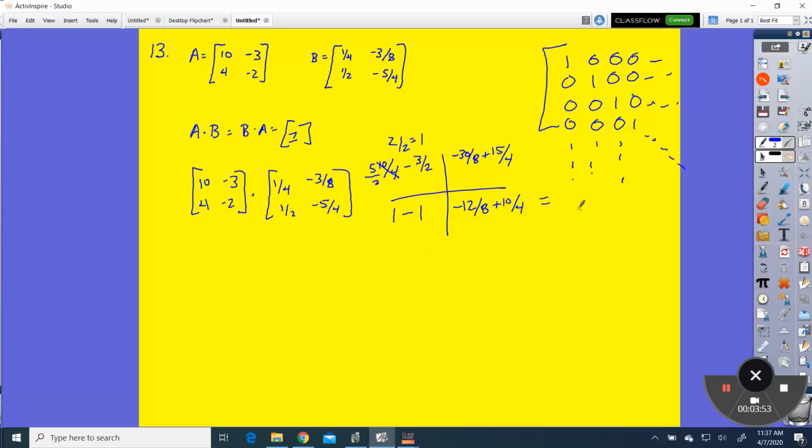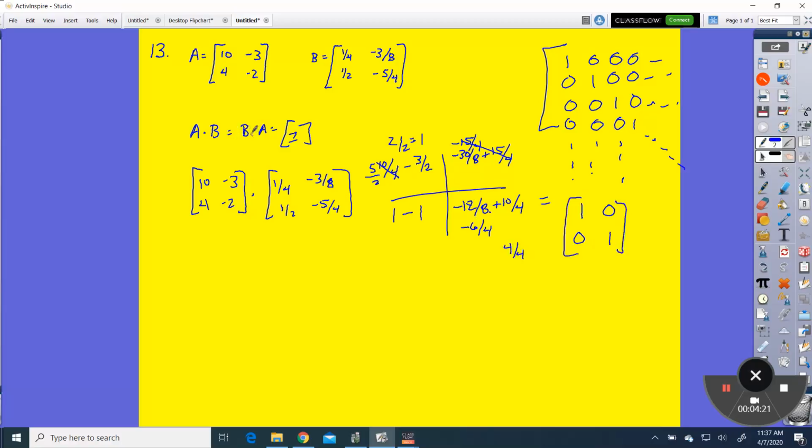So I get 1. If I divide this by 2, I get negative 15/4, plus 15/4, that goes away. I get 0. 1 minus 1 is 0. Divide each of those by 2. That makes negative 6/4. 10 minus 6 is 4/4, which makes 1. So indeed, that gives me the identity matrix.